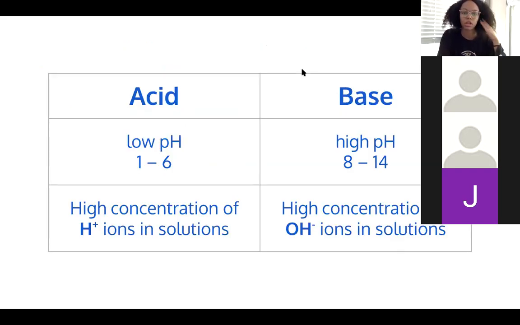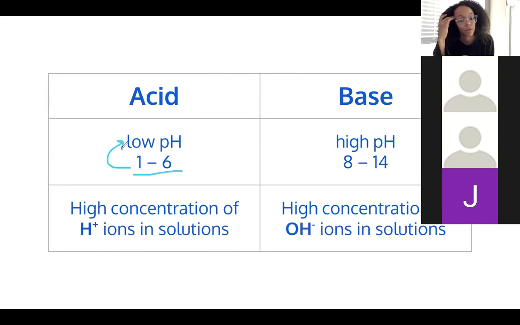We will learn, this is maybe a little bit out of order, about something called pH. pH is a scale of numbers ranging from 1 to 14. What you have to know about acids is that they are on the lower end of the scale. So if anything has a pH value that is between 1 and 6, that's considered a low pH value, which means it is an acid.